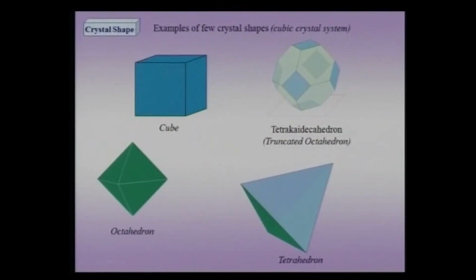The crystal could have a shape which is in shape of an octahedron as well. It could also have a shape of the tetrakaidecahedron, and herein is an important point to note that the external shape reflects the inner symmetry present in a crystal.